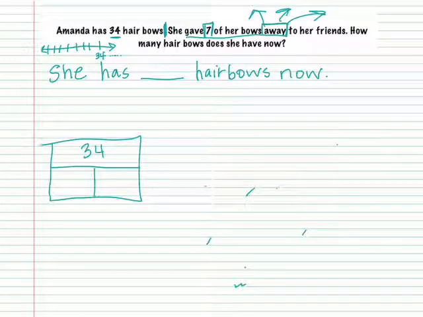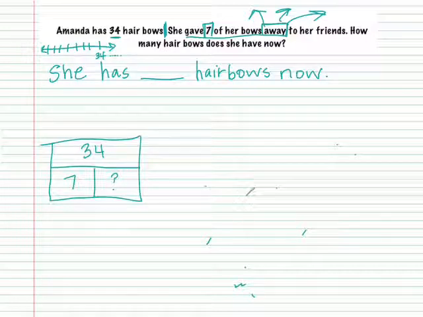We knew the maximum amount of bows she had, and she had 34. But then she gave 7 of them away. So I need to find this answer to know how many she has now. Another way you can look at this is 7 plus something is going to give you 34, because 34 minus 7 is how many bows she's going to have now.